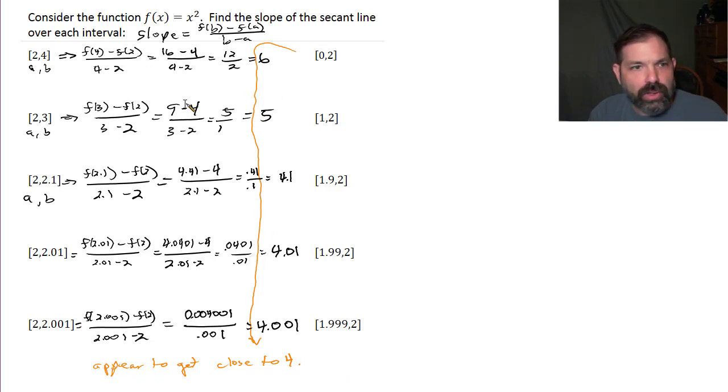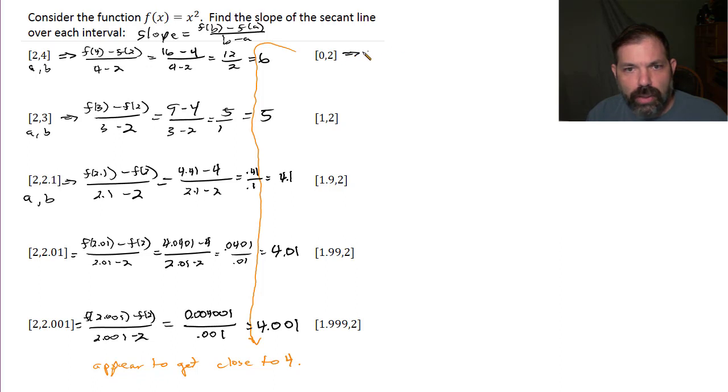So what I want you to notice is that in all of these expressions, we had the f of b that was changing, minus the f of a, which wasn't changing in that case. And so now if we look at this one, the f of b isn't going to change.